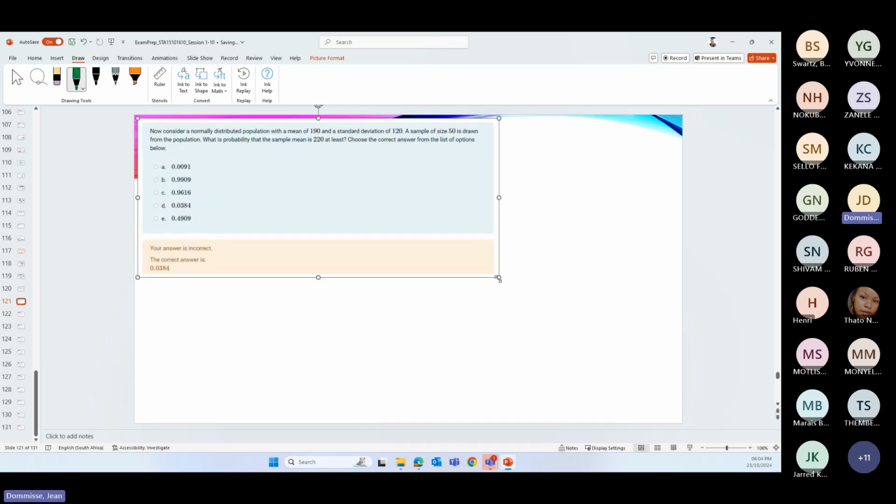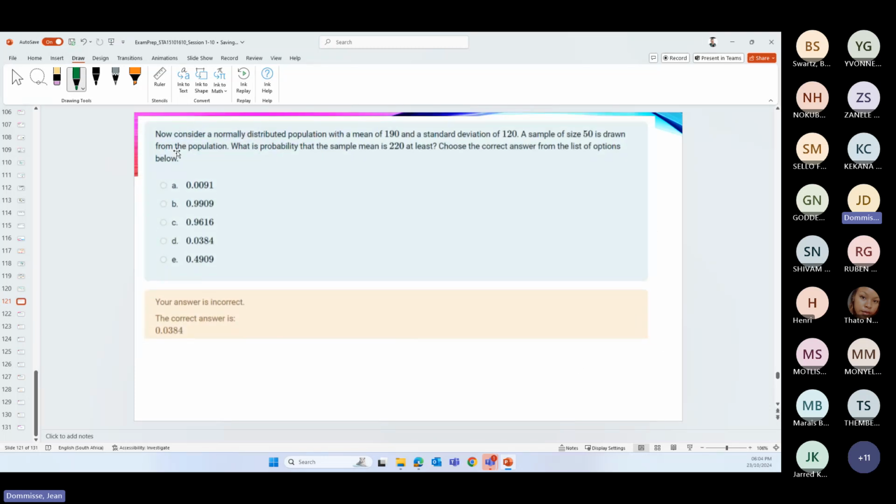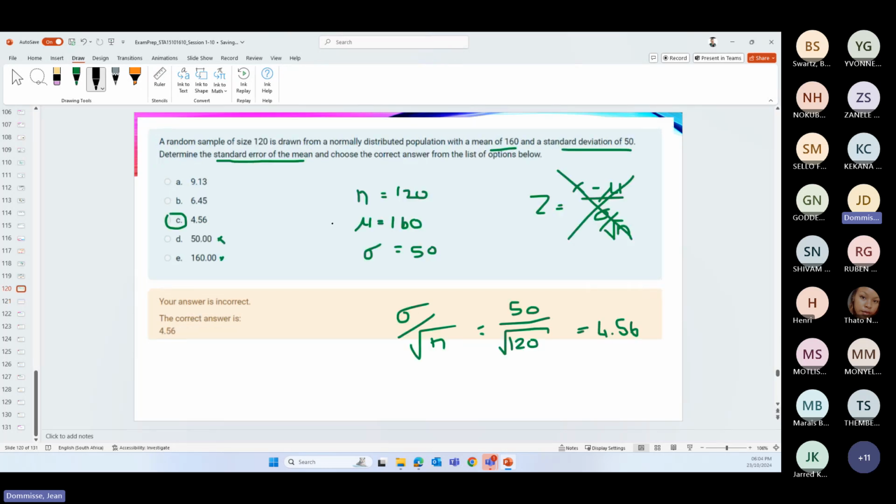The next one, basically very similar information. So now they say, consider a normal distributed population with a mean of 190. So they just swap it around a bit.